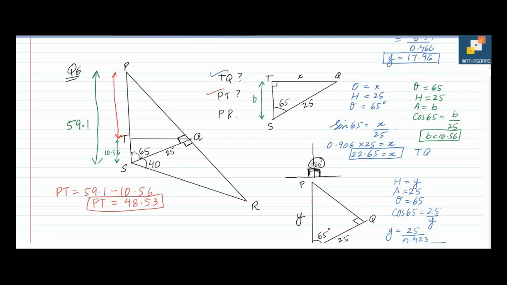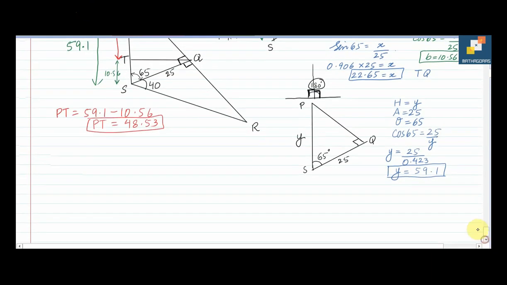Okay. Now the part C, the value of P till R. For the value of PR, what I am going to do, I am going to find the value of QR and the value of PQ. Now the value of PQ we can find out by here, right? Let's suppose I say that the value of PQ is C. So if I make the data, so angle is 65, opposite is equals to C, and adjacent is equals to 25.